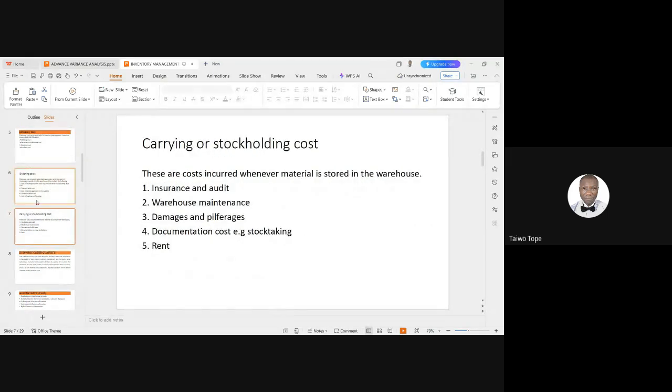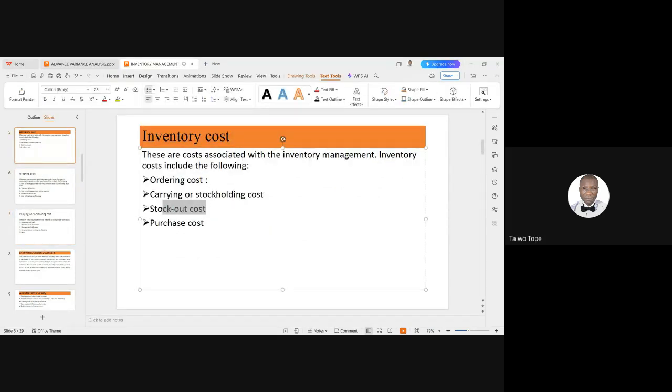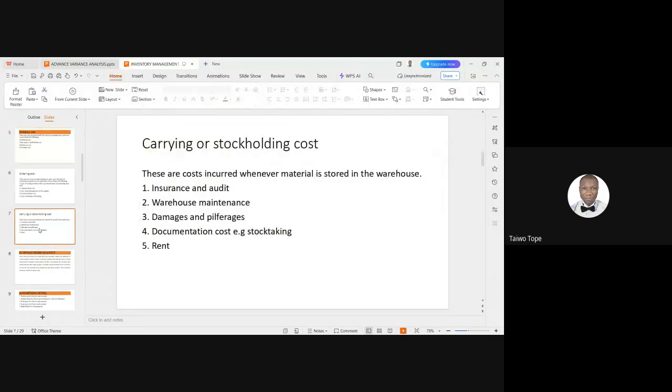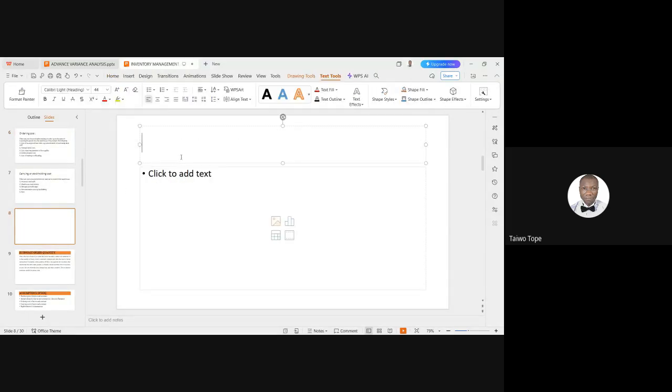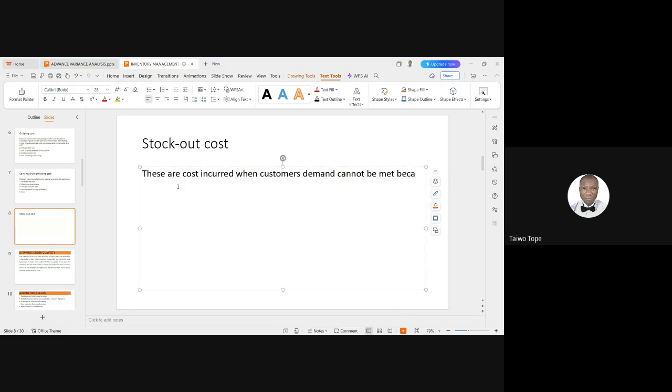Stock out costs: these are costs incurred when customers' demand cannot be met because of what? Because the stock is exhausted.